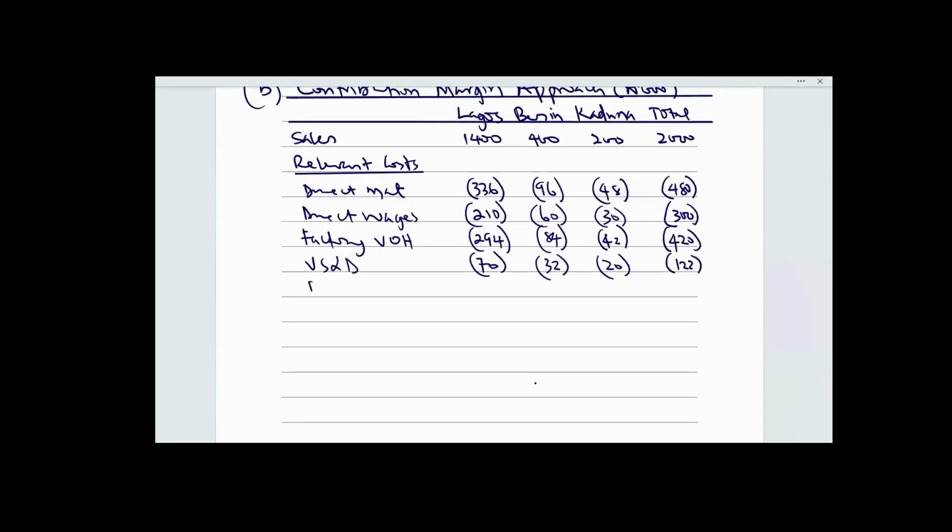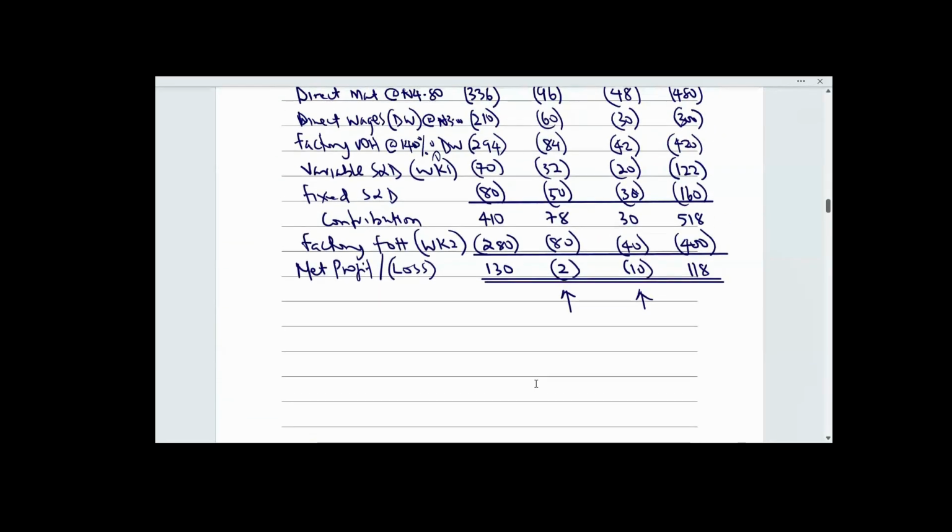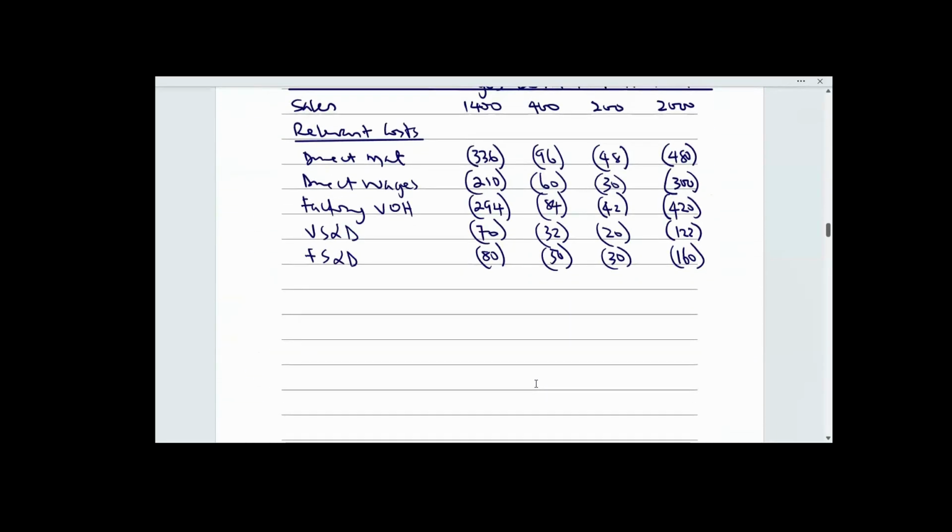Then we also have fixed selling and distribution, which is 80,000 for Lagos, 50,000 for Benin, and then 30,000 for Kaduna. Total is 160,000. All right. I think those are the relevant costs. Yes. We need to find the total relevant cost.